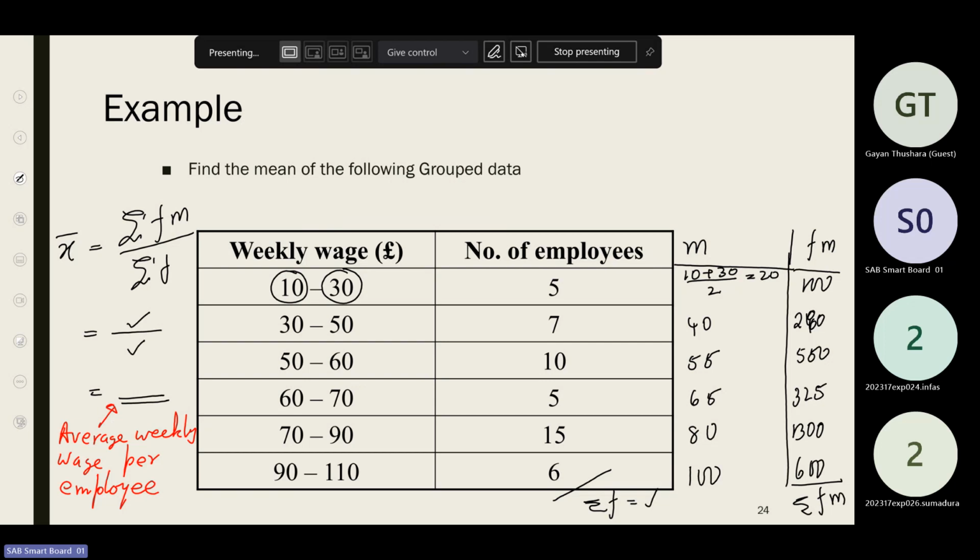Try to calculate the value. You need the sum, sigma F. This is your F. These are your FM values: 100, 280, 550, 325, 1300, 600. You have that, that's your sigma FM. Substitute.